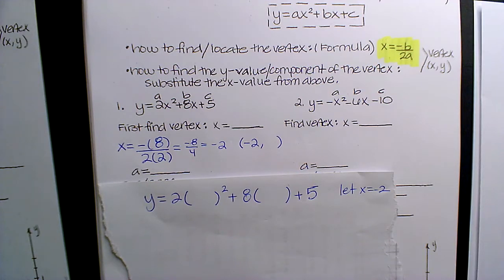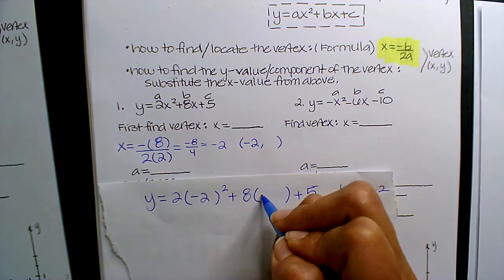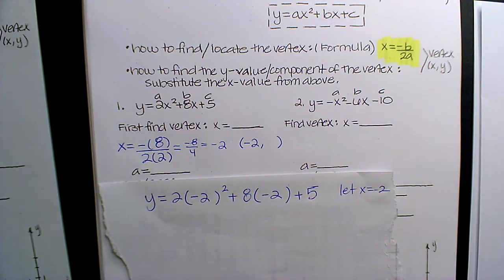So you're going to plug in negative 2 wherever you see an x. All right, so if I write in the negative 2, we're going to solve it by hand, and then we're also going to put it into the calculator. So, but let's solve it by hand. Obviously, when you guys are taking quizzes or tests, you want to be able to use the calculator.